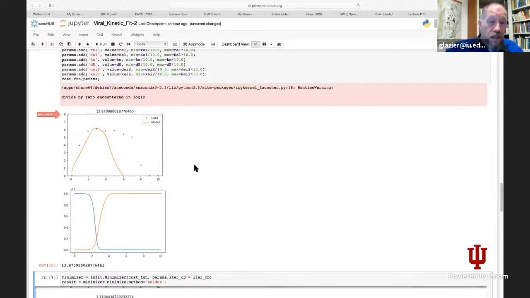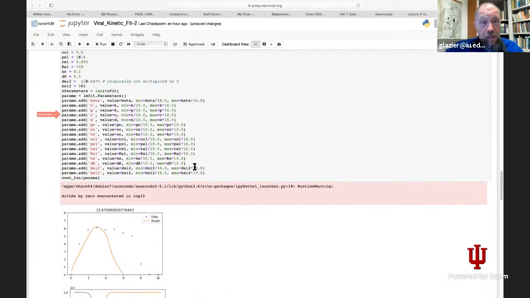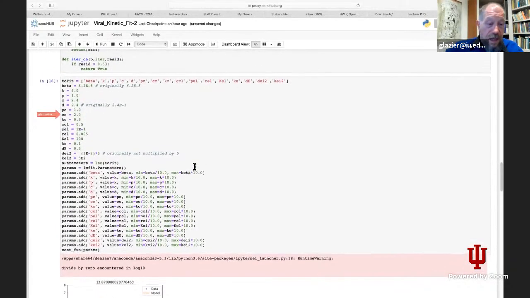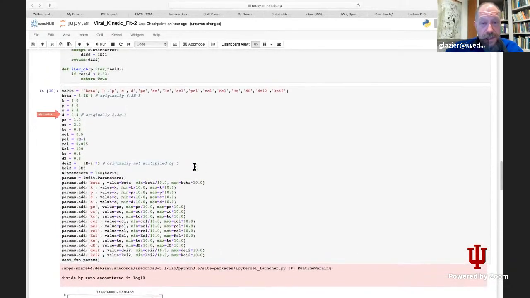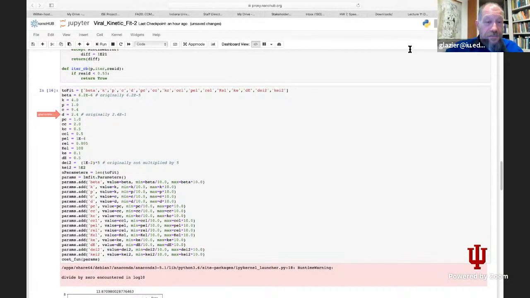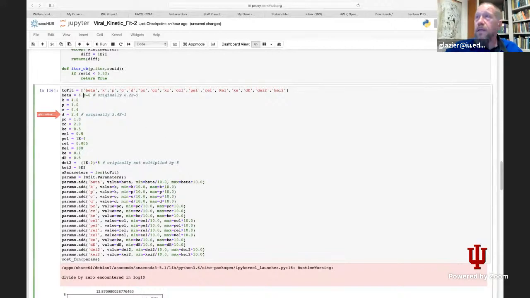I'd have to play around with it a little bit, but I had a parameter set that at least gave me not all the cells dying. Let's see what I had to do to get that. I divided beta by 20. I divided P by 10.